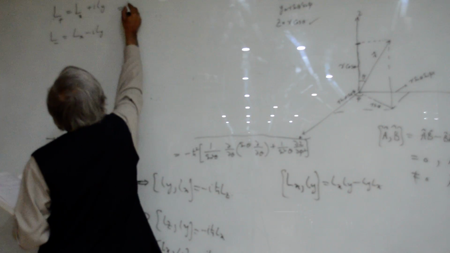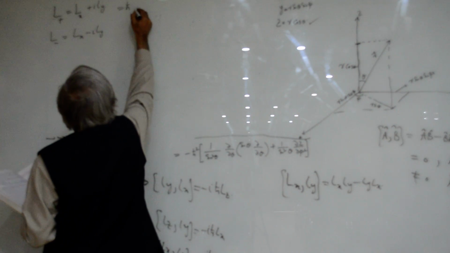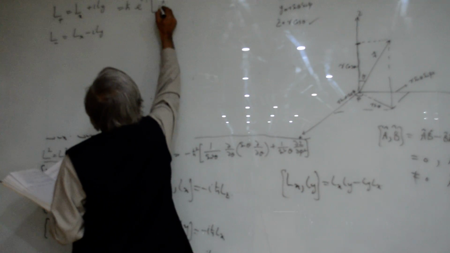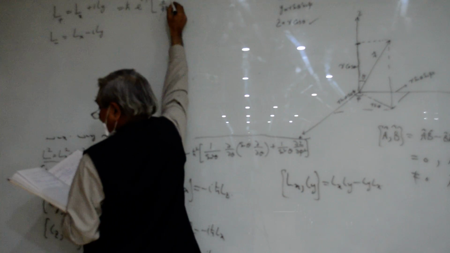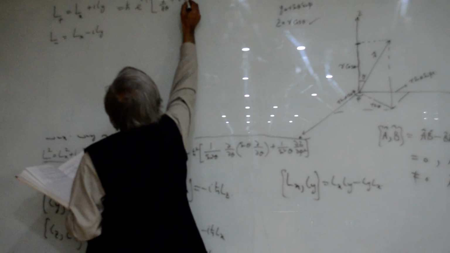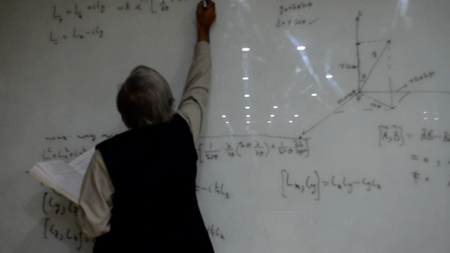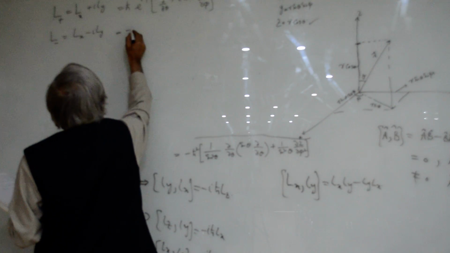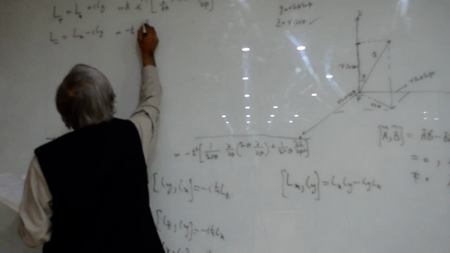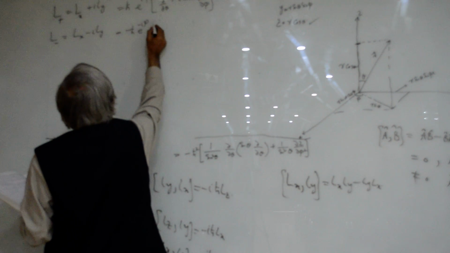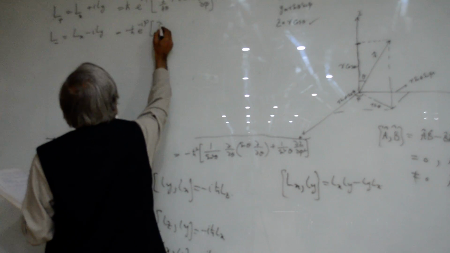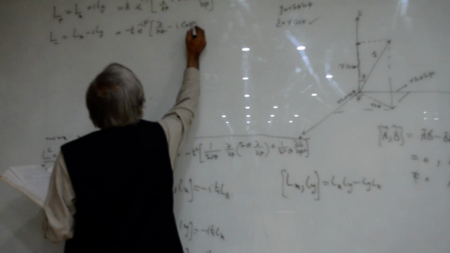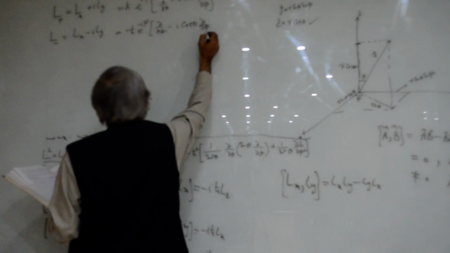L plus is h bar e raised to i phi times (delta over delta theta plus i cotangent theta delta over delta phi), and L minus is minus h bar e raised to minus i phi times (delta over delta theta minus i cotangent theta delta over delta phi).